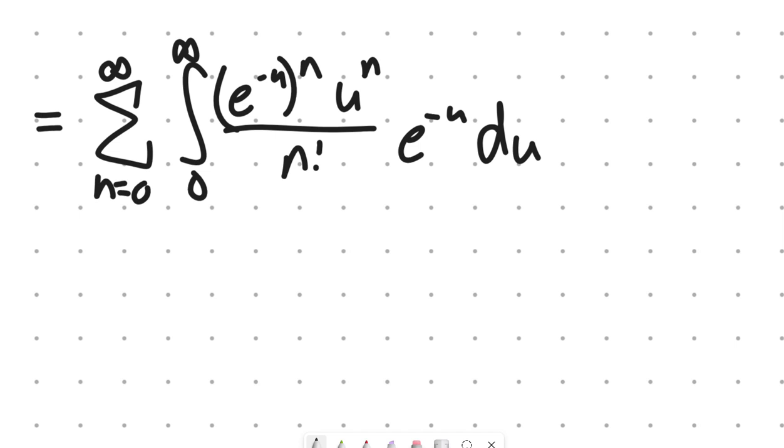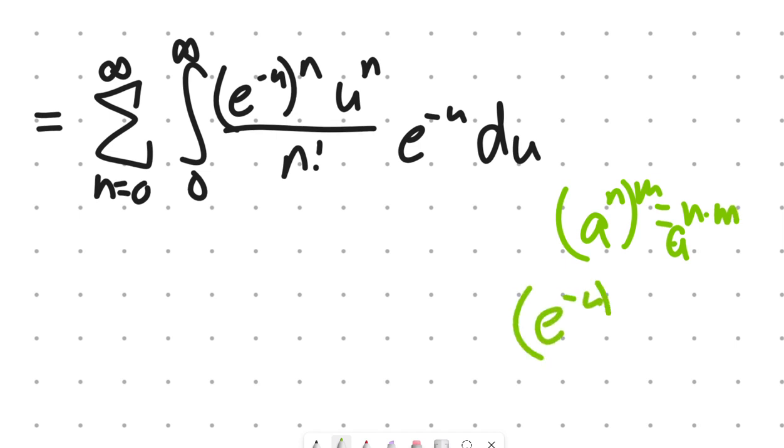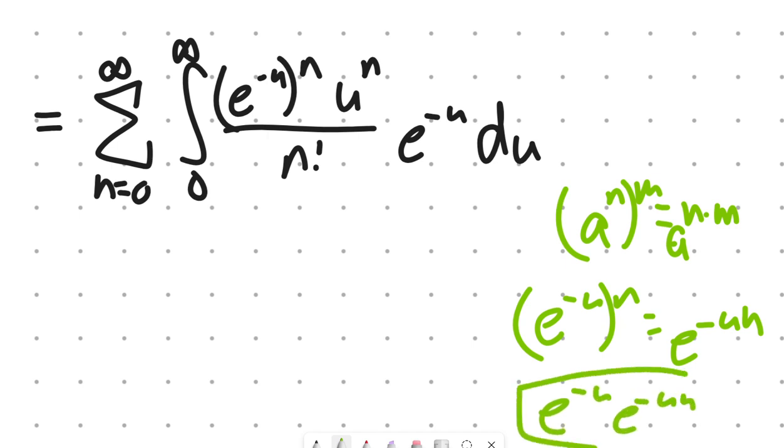Now what we are going to do is take e to the negative u to the n, and use the exponent rule. We know that a to the n to the m is the same thing as a to the n times m. So e to the negative u to the n is the same thing as e to the negative un, and e to the negative u times e to the negative un is the addition of those two exponents.